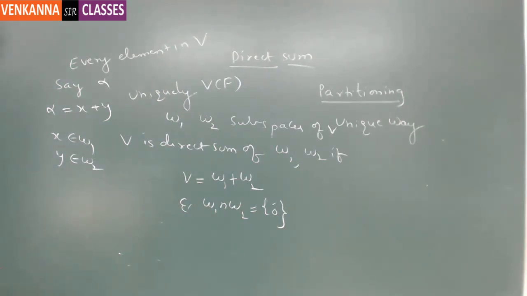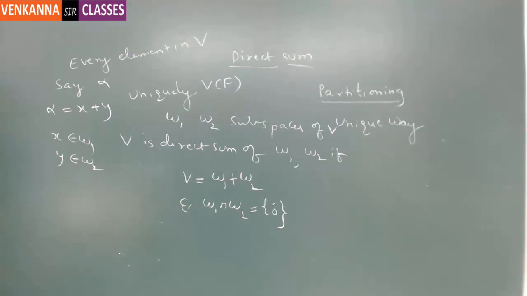So every element in the vector space can be written as the sum of two values in a unique manner. In other words, you can split the value into a sum of two values in only one representation. 2 or 3 representations are not available for the splitting. Such a thing we call a direct sum.